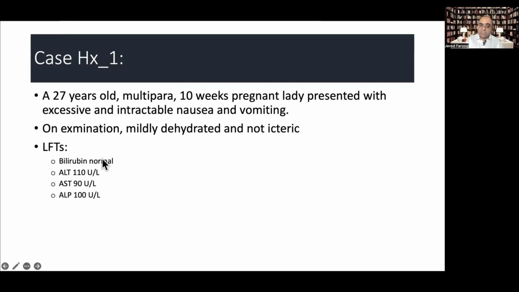So these are the liver functions of this lady. ALT raised, AST raised, bilirubin normal.